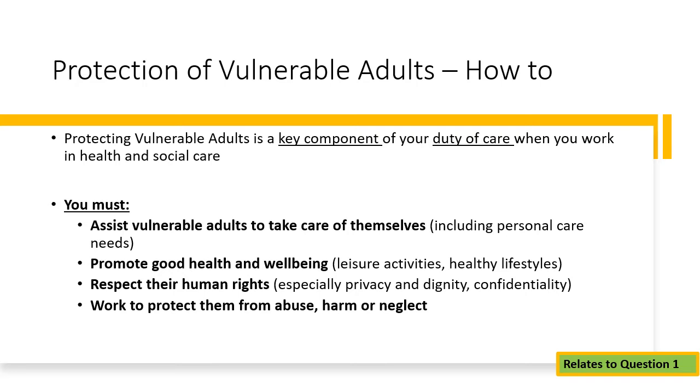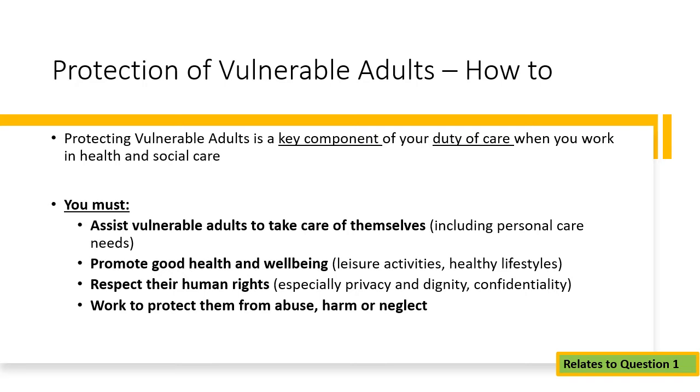This can include personal care: washing, dressing, toileting, all these personal care needs that an individual has, we have to assist in that. We promote good health and well-being, so we provide leisure activities. We might take people out to a leisure activity, or if we're working in a care home, we bring somebody in to support that leisure activity.